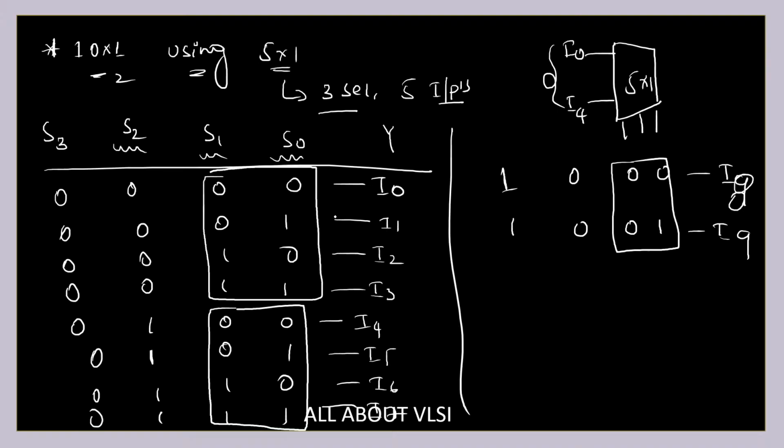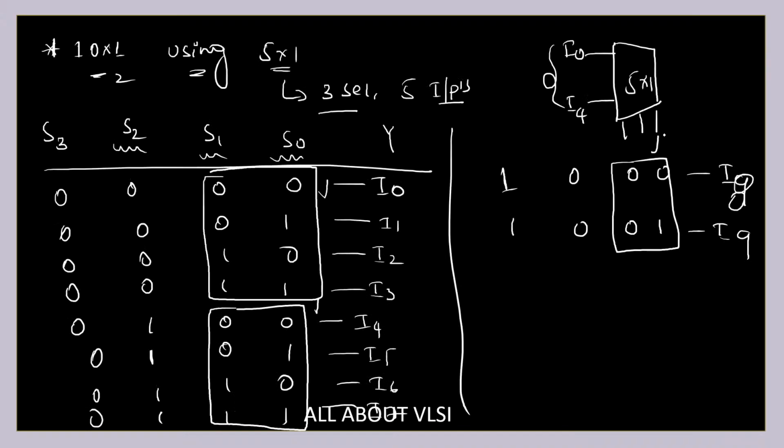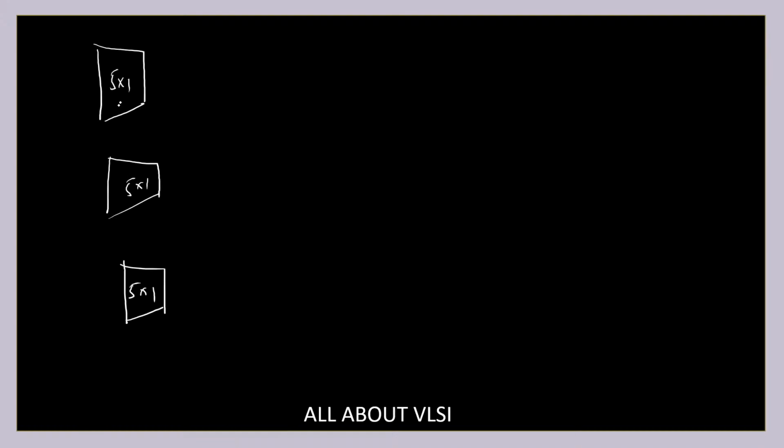So I'm going to have basically 3 5 cross 1 multiplexers in my stage number 1. So I'm going to have one 5 cross 1 mux and another 5 cross 1 mux and another 5 cross 1 mux like this. And in these 5 cross 1 muxes, I'm only going to consider S0 and S1. S2 I'm going to consider as 0 for every 5 cross 1 mux.